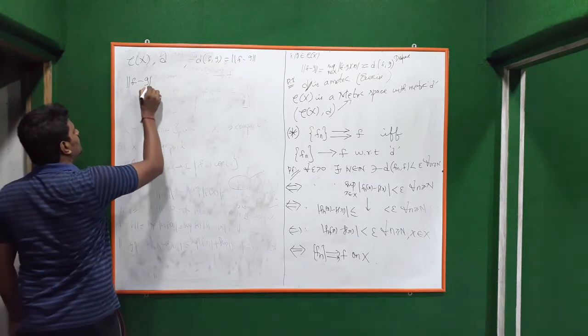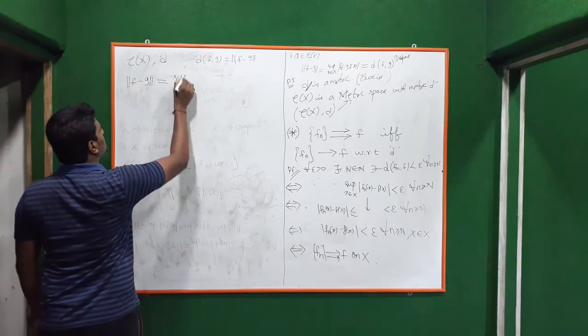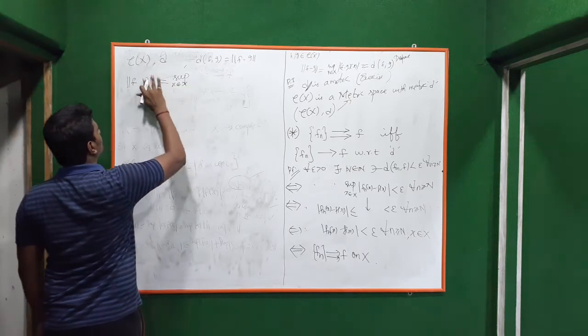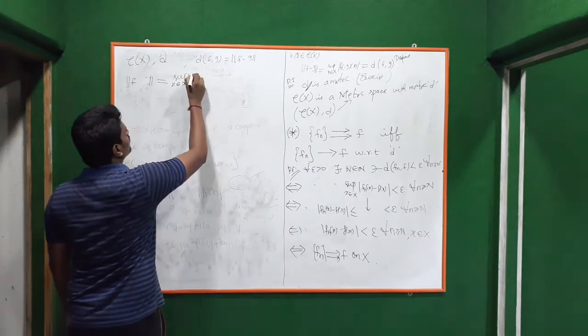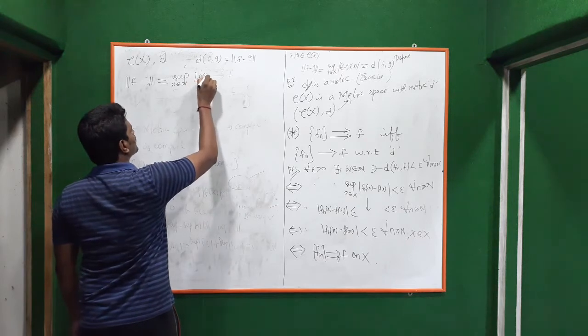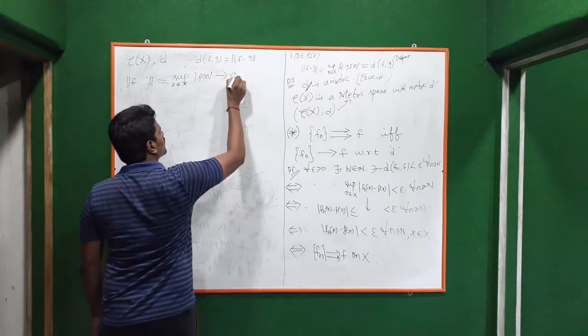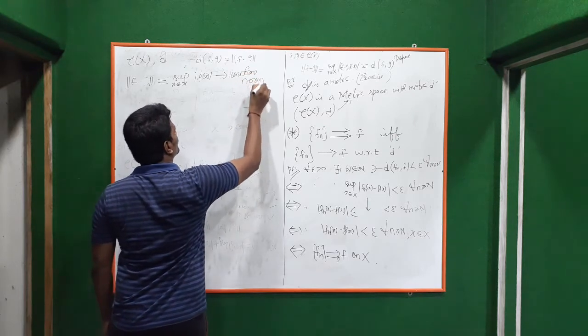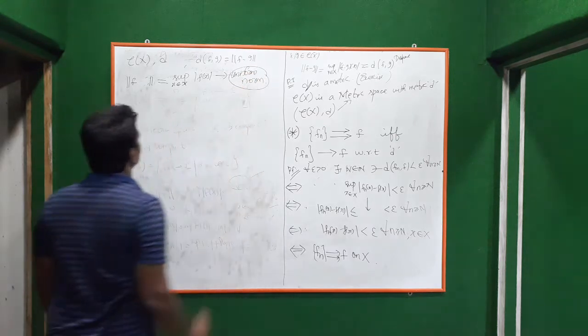This particular norm, the sup of mod f of x, is called the uniform norm.